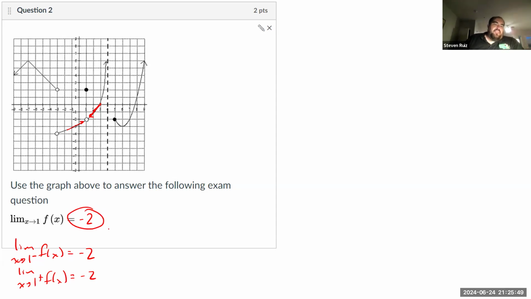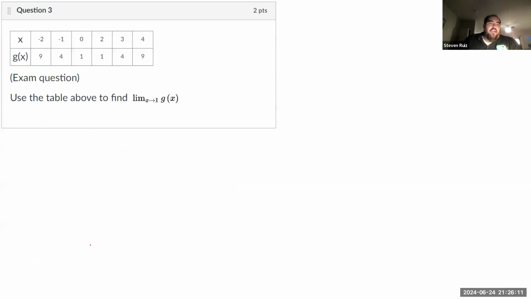At no point have I talked about what f of 1 is. Remember that for a limit, we only care about what's happening near x equals 1, not what's happening at x equals 1. So we don't really need to consider what the definition of the function is where x equals 1.